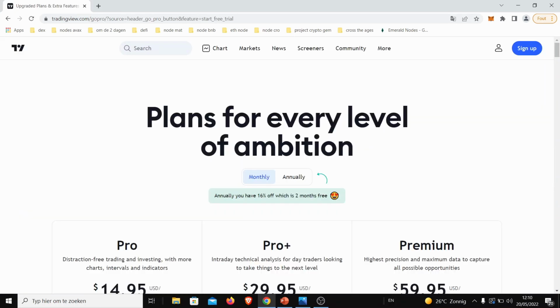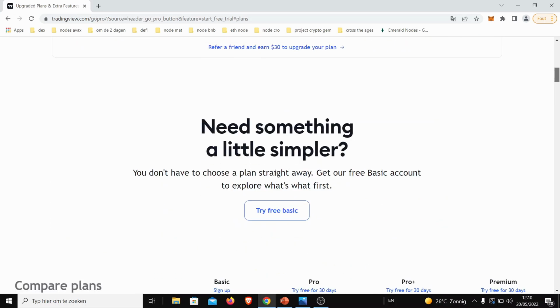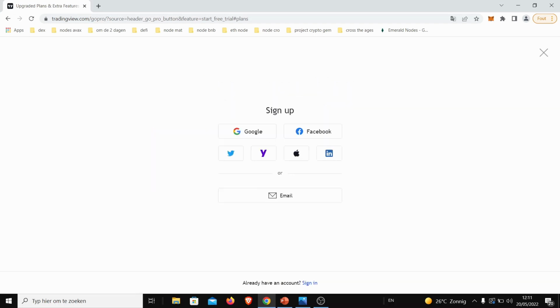Once you press this, you will see three options here: the Pro, the Pro Plus, and the Premium. These are all paying ones, but if you go down a little bit more, you can see there is Try Free Basic. So if you press this, then you can sign up with your email address.